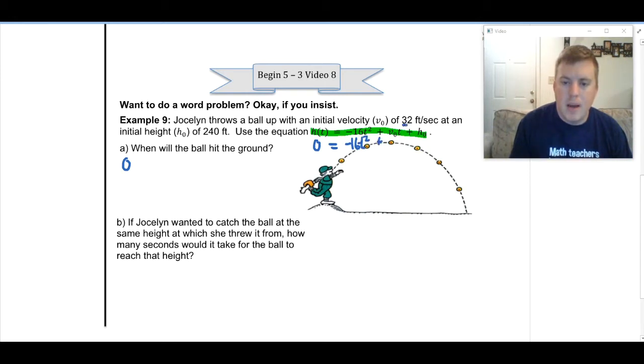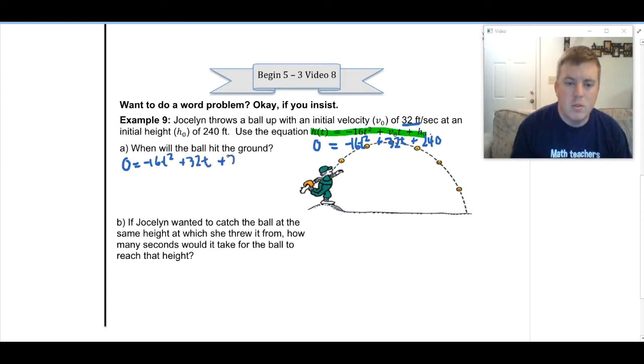Now I need to plug in my initial velocity that they gave me of 32, and that's going to be 32t. And then my initial height, which is how high we were when we threw the ball, which was 240 feet. I'm going to transfer this over here so that we have a little bit more room to work with, and then we'll start our factoring process.